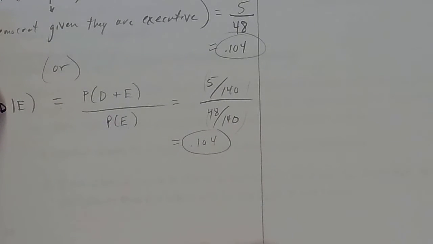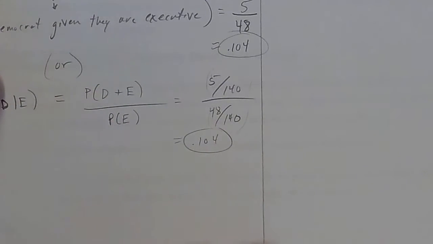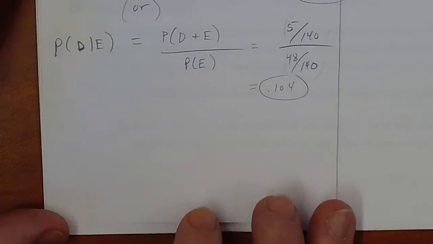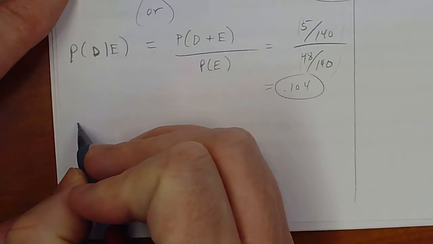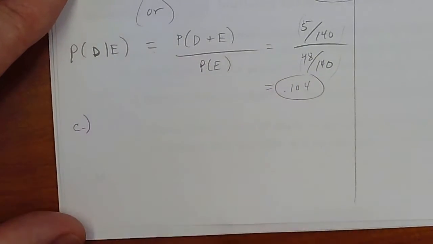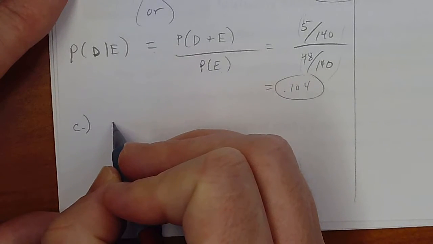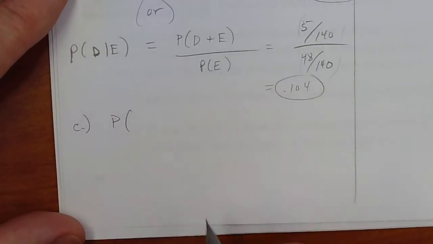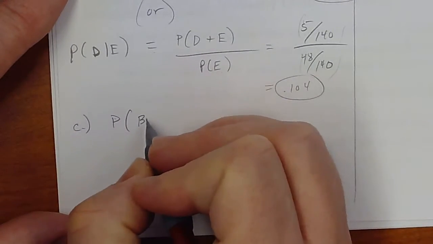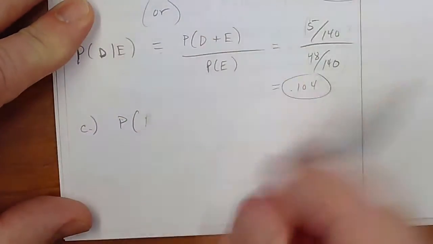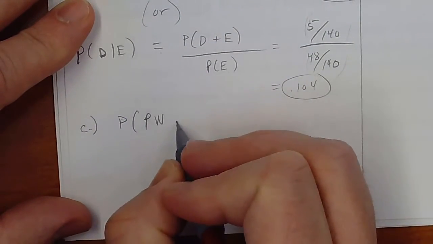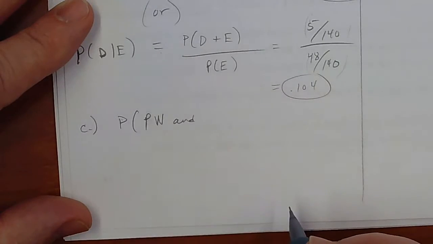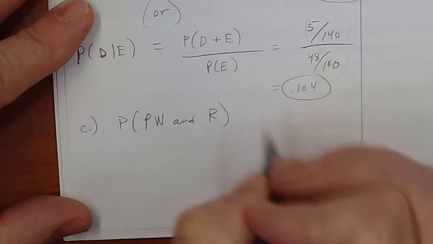All right, let me give you a couple more to try from reading this table. Probability of production worker and Republican.